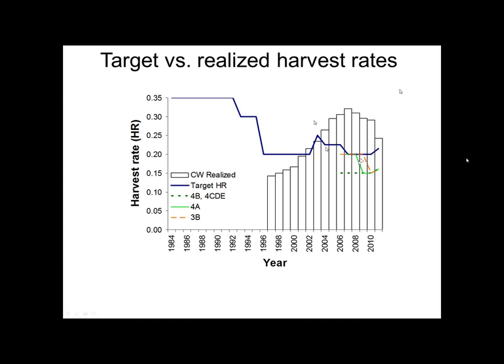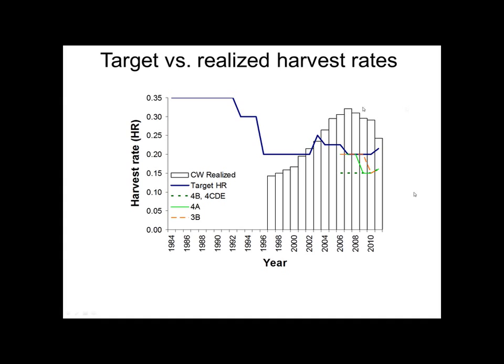Irrespective of that slight difference regarding the target harvest rate, we can see that we've been overshooting that target in some of the years by as much as around 50% of what the target was, 0.2. In this case, I think it's like 0.32. We're going to get to specific numbers in the next set of slides.